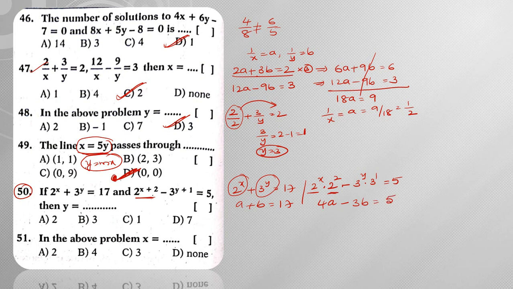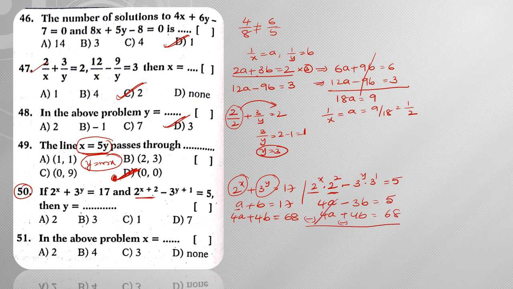Now since I need the value of y, I need to eliminate a. For that I need to multiply this equation with 4. So 4a plus 4b is equal to, what is the value, 68, right? So when I write below this, 4a plus 4b is equal to 68, and after that I am going to subtract.